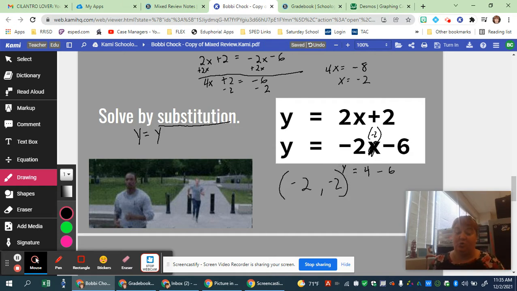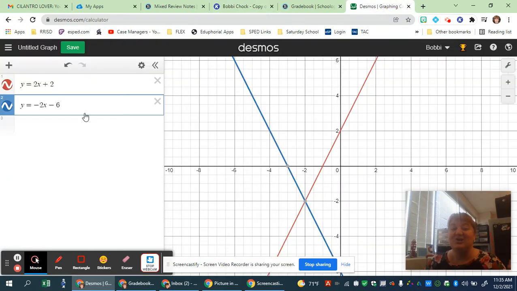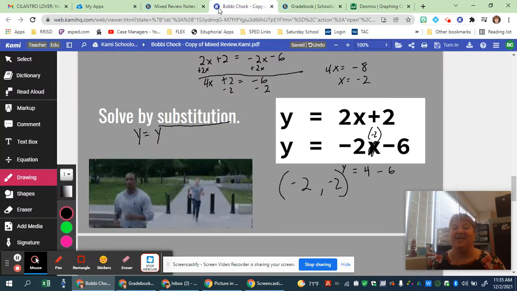So if it's already in y equals form, you could graph it and get my answer. If it's not in y equals form, then I need to plug it in and do it this way. Set them equal to each other. This is the y equals y method.